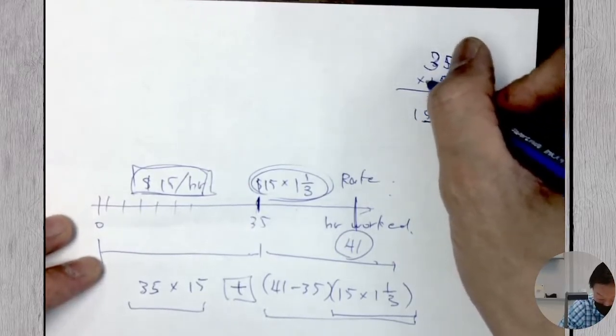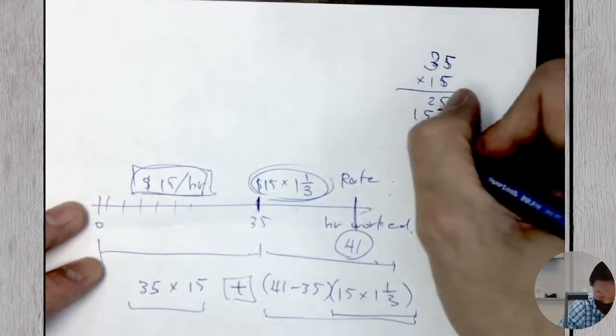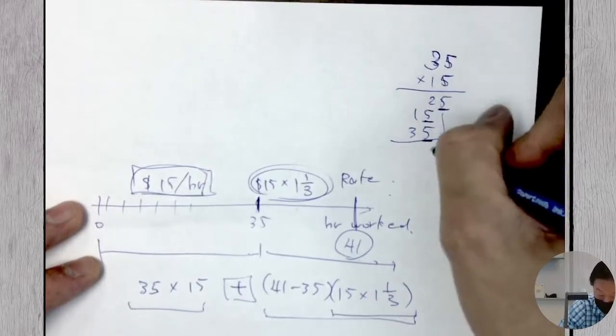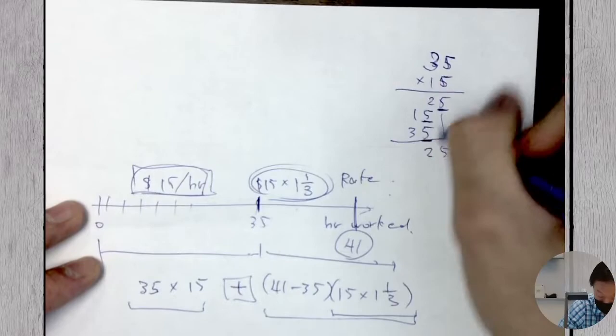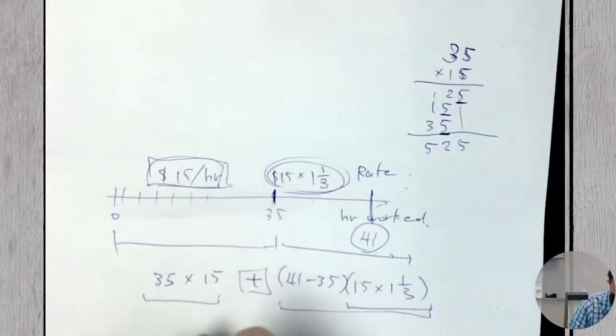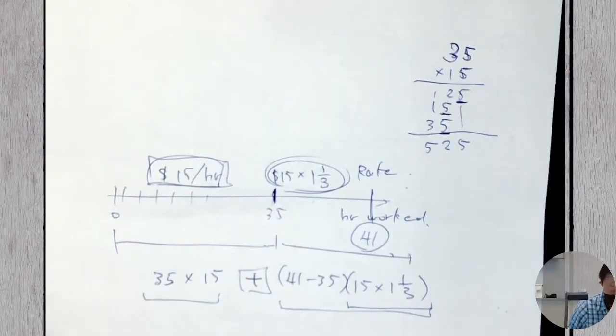And then for the result of the ones, I'm going to put it right underneath here. It's going to be 35, okay? And then I add things down. 5, that would be 12, and that would be 5. 525 is his earnings for 35 hours, okay?